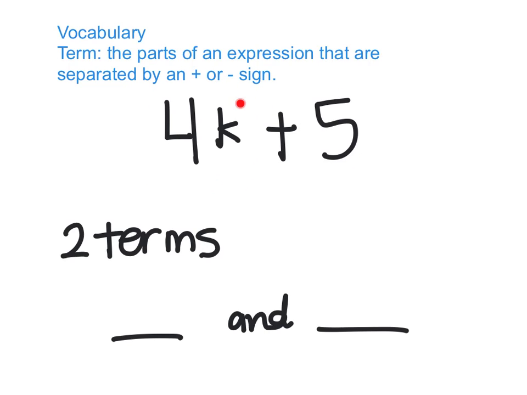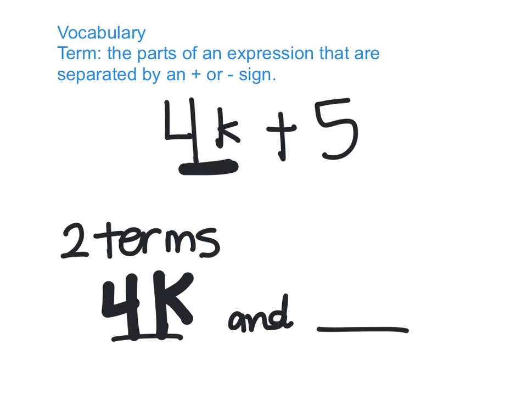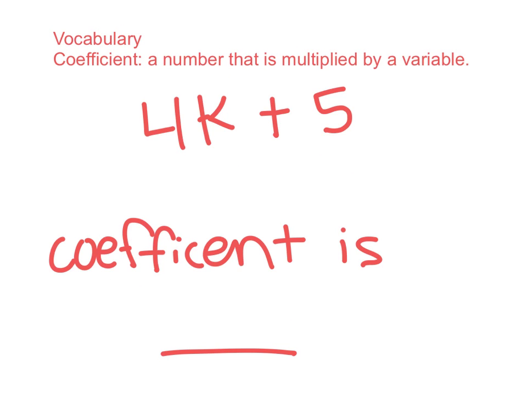Each side is one term. So we have two terms here. Our first term is 4k. Our second term is just 5. So those are the two terms in our expression. So let's go ahead and look at the next part here. But terms are just those things separated by the addition signs.